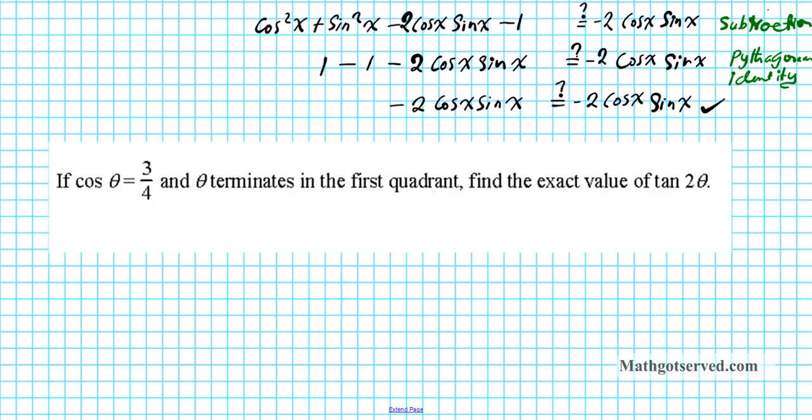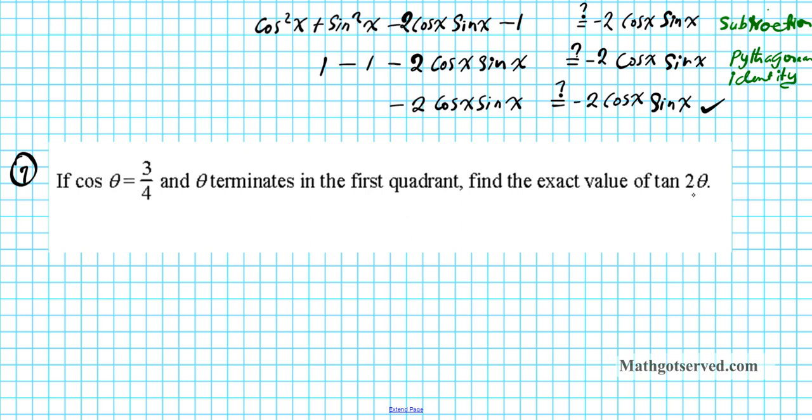All right, let's take a look at question number 7. Question 7: if cosine theta is 3/4 and theta terminates in the first quadrant, find the exact value of tan 2 theta. We're going to start by writing down the identity for finding tan 2 theta.